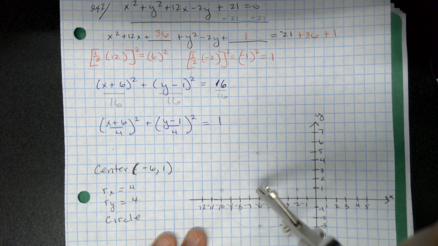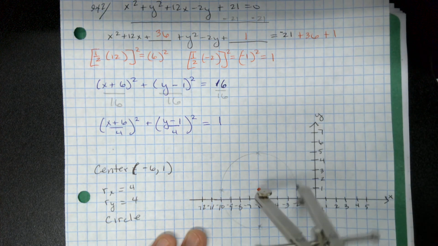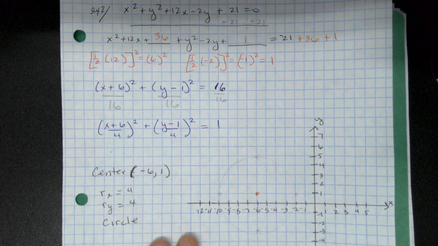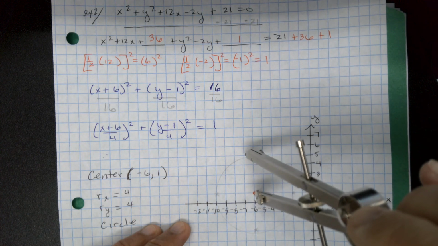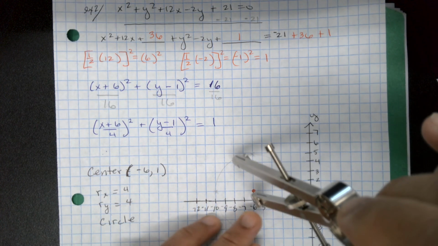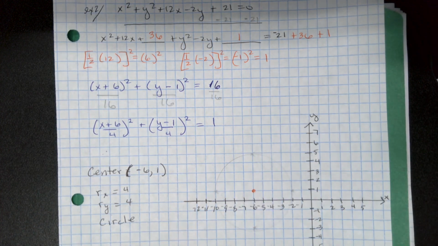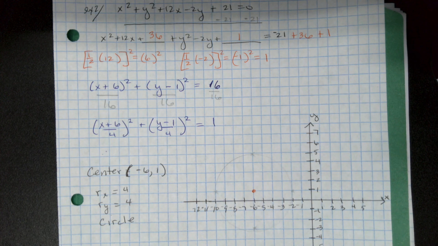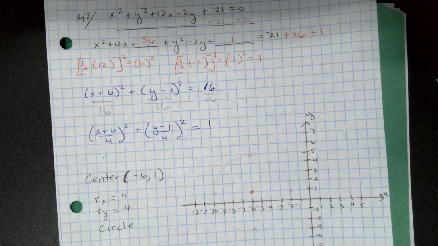You can just freehand this and that's fine. But if you freehand it, make sure you label what the conic is. Don't let me guess what it is, because drawing circles is challenging by hand. Okay, so now let's just darken this up.